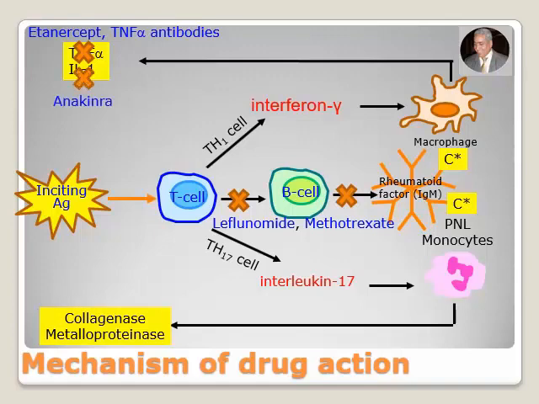The anakinra targets the interleukin 1. Less commonly used drugs include abatacept, which targets the T lymphocytes, and the monoclonal antibody rituximab, which targets the B lymphocytes.